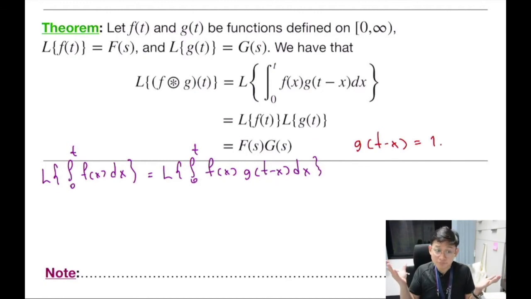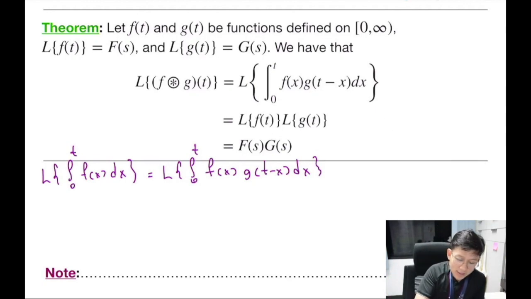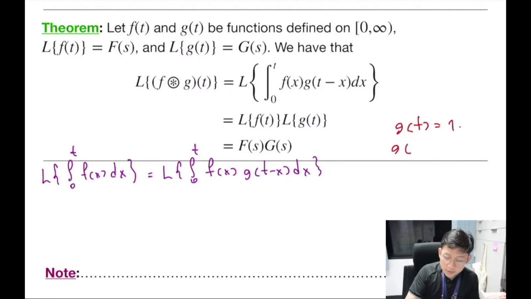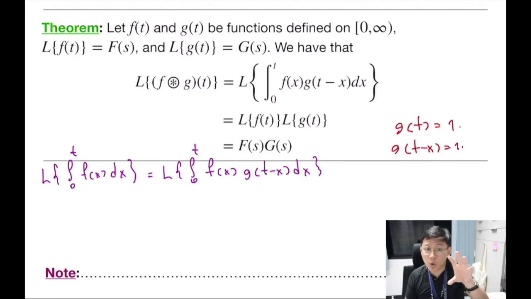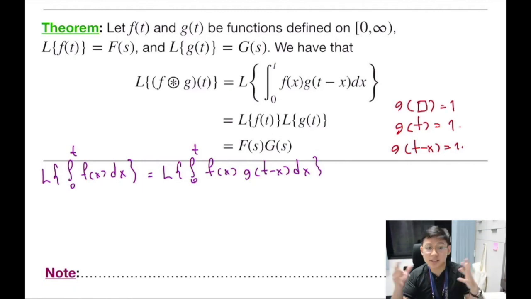I don't even need g(t minus x) is 1; I can even write g(t) is 1, because if g(t) is 1, g(t minus x) is 1 as well. If g(t) is 1, g of anything is 1.